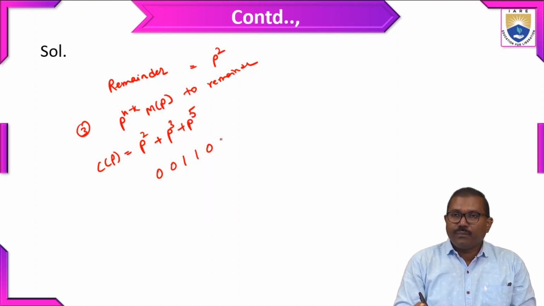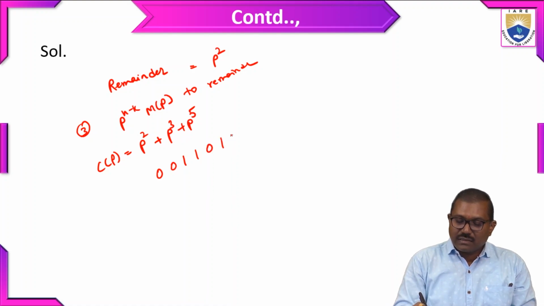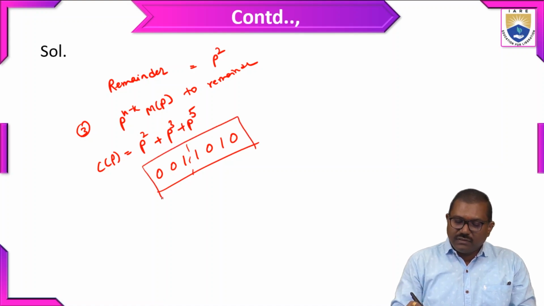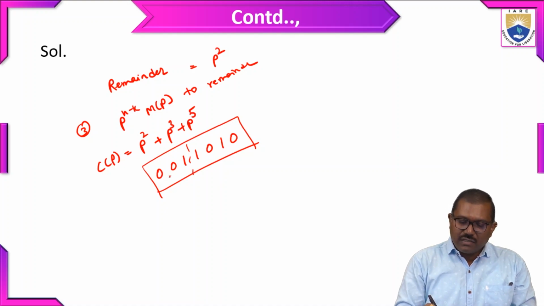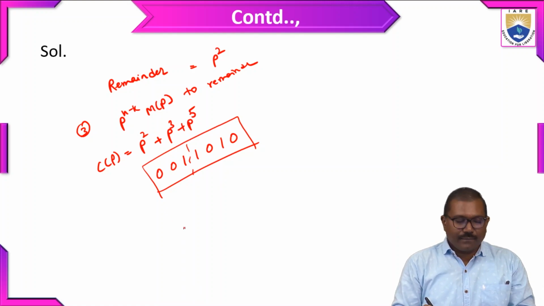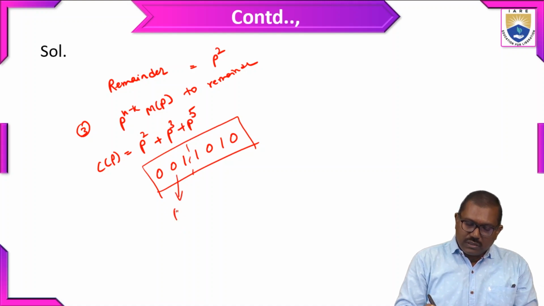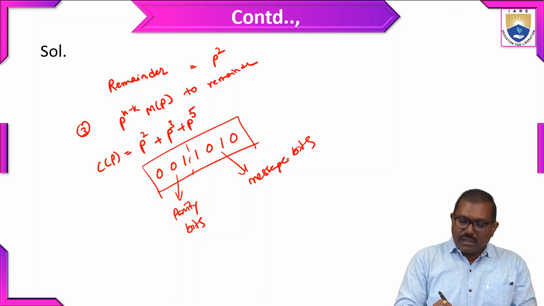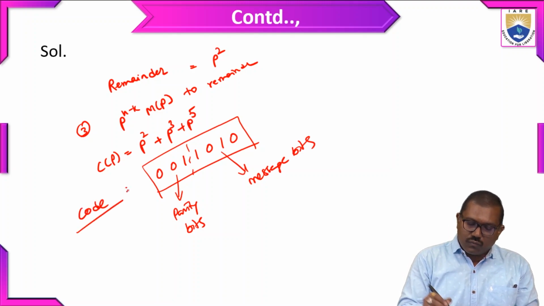No, 0. 5 term is there? Yes. 6 term is there? No. So what is the total number of bits? 7 bits. Out of the 7, this one is the message 1010 and 001 is the parity. Okay. So this is parity bits and this is the message bits and this is my code.